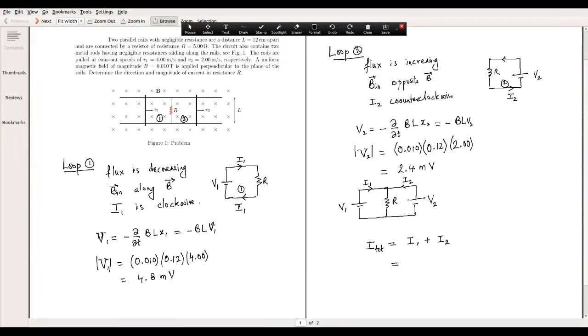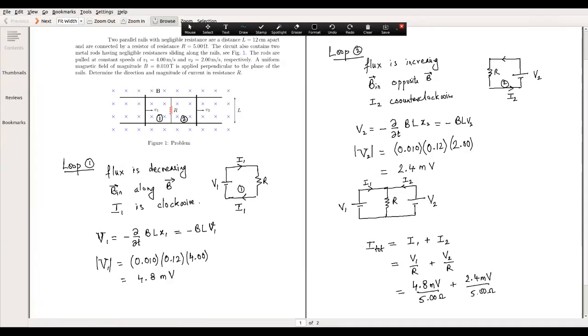So that's equal to I1, which is V1 over R, plus V2 over R. The resistance is given to be 5 ohms. So this is 4.8 millivolt divided by 5 ohms plus 2.4 millivolt divided by 5 ohms.